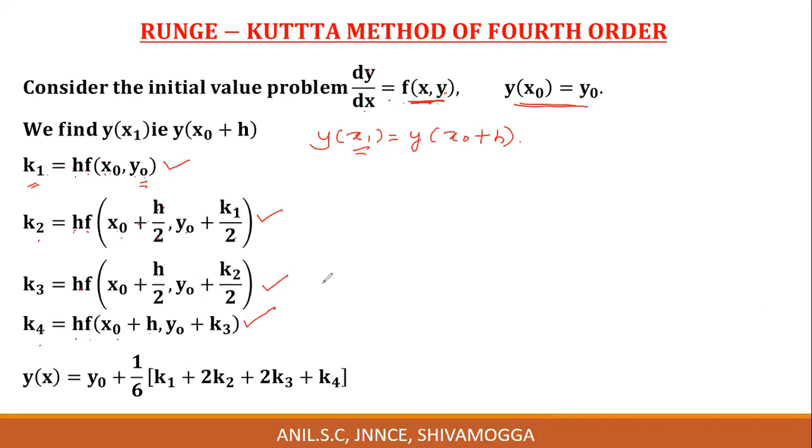After finding these, y of x1 is equal to y0 plus 1 by 6 into k1 plus 2k2 plus 2k3 plus k4. Please make a note of these formulae. Let's solve a problem.